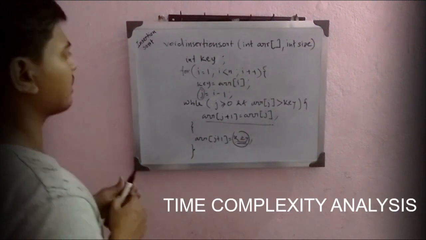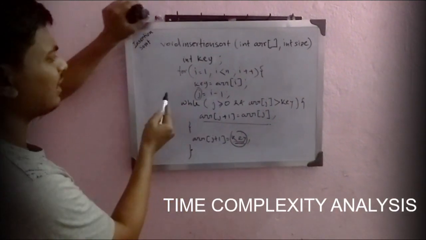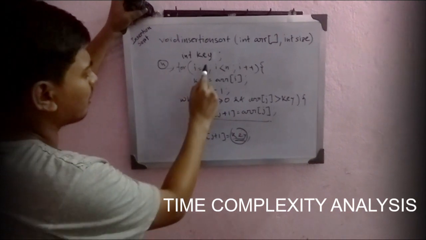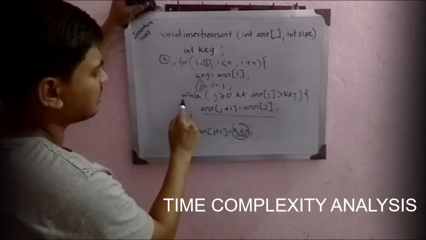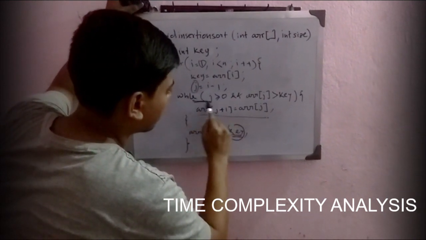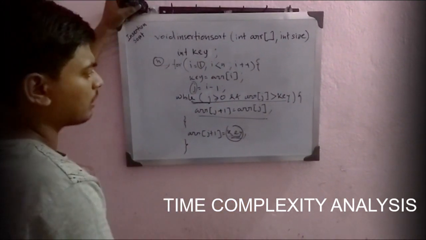Let's talk about time complexity. Clearly you see the outer loop takes n time, and for each iteration we perform another loop.